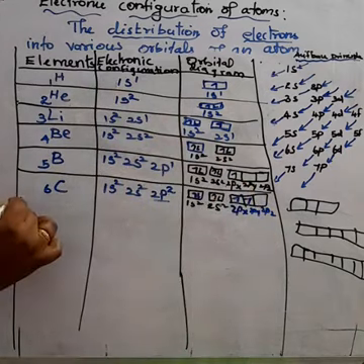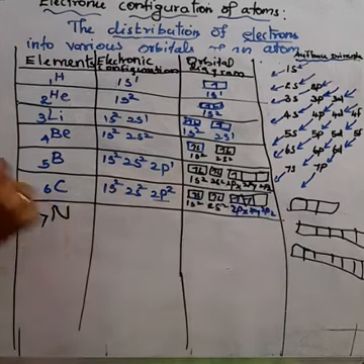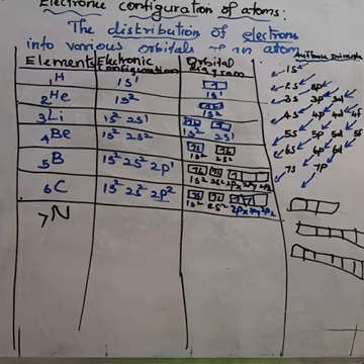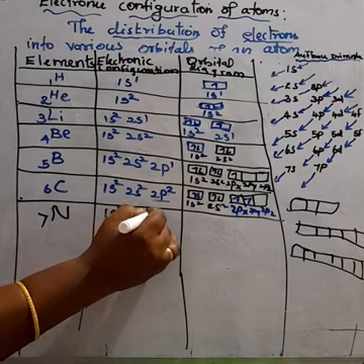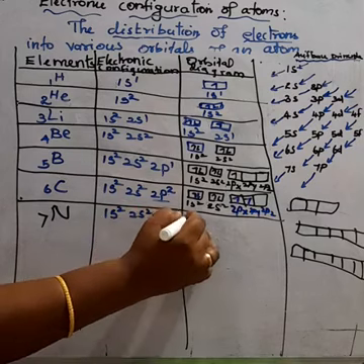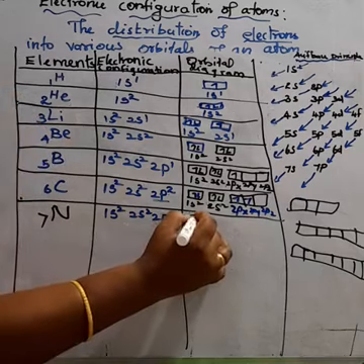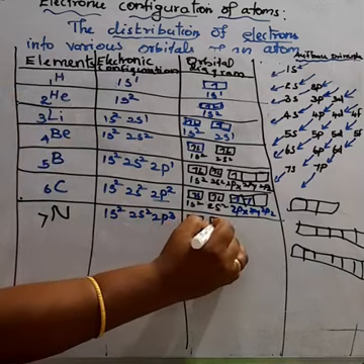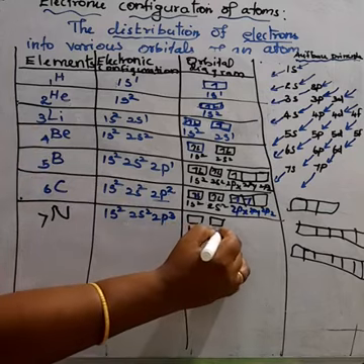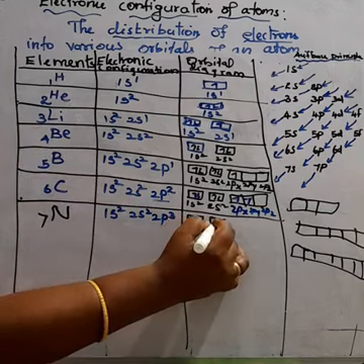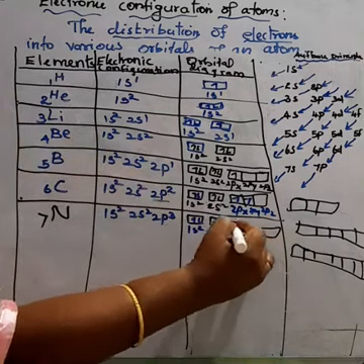And the nitrogen atom, atomic number 7. The electronic configuration is 1s2, 2s2, with the remaining 3 electrons accommodated in the p orbital. How will you draw the orbital diagram? First the 1s2 orbital with 2 electrons, and the 2s orbital with 2 electrons. After that the 2p orbital: 2px, 2py, 2pz.